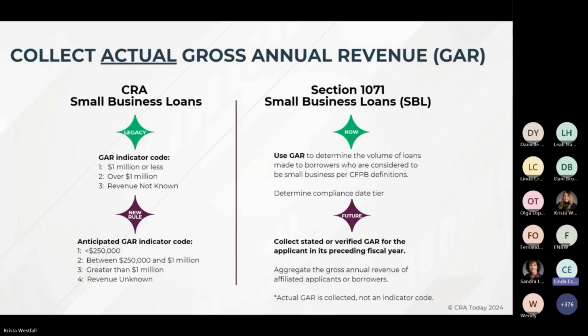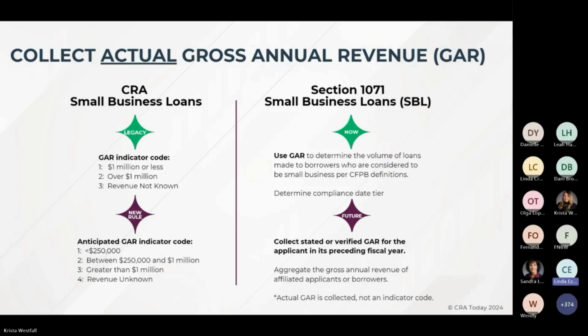Okay, I just want to recommend that we start to collect actual GAR. So in the chat, I'd like to see if you are collecting GAR, or gross annual revenue, indicator codes from the line or from your documentation specialist. Put it in the chat.